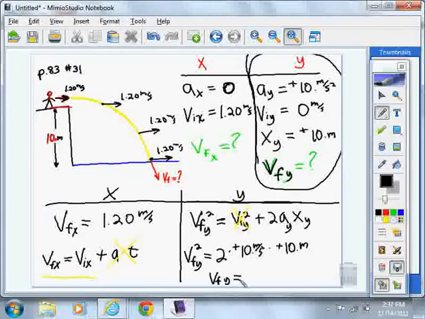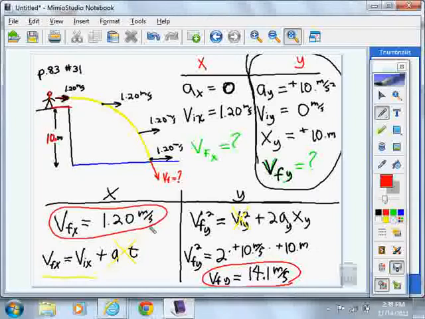And if you solve that for Vfy, you get 14.1. So the diver is going to be dropping vertically 14.1 meters per second and going horizontally 1.2 meters per second.